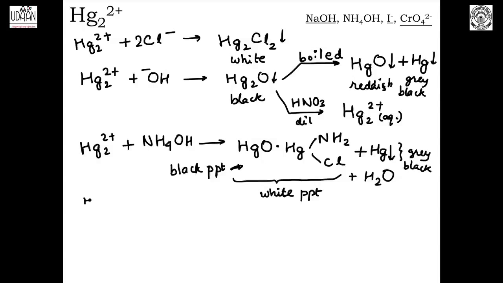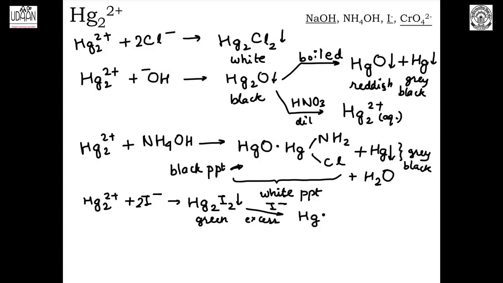Further reactions of Hg2 2+ are that with iodide. Hg2 2+ reacts with iodide ions to give a precipitate of Hg2I2, which is green, but on adding excess of I-, it forms HgI4 2-, a complex tetraiodomercurate.